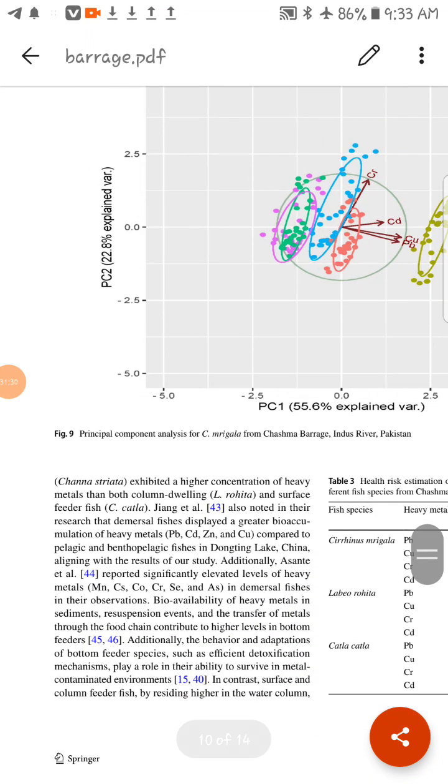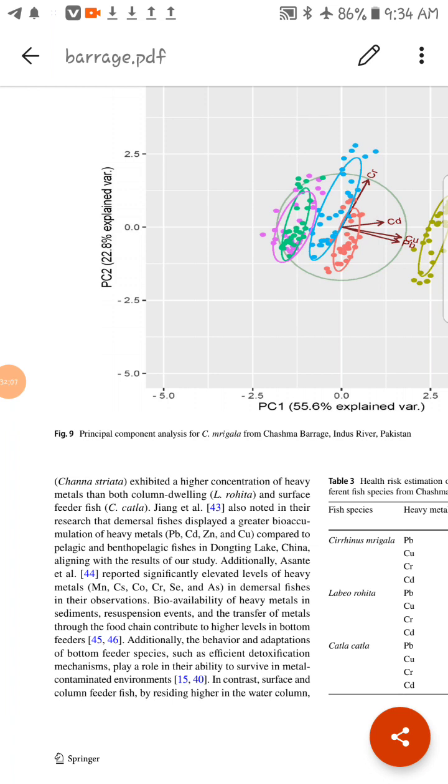It says the bottom feeders exhibit a higher concentration of heavy metals than both column dwellers and surface feeder fish. Also noted in their research, Jinga et al. noted that demersal fishes display a greater bioaccumulation of heavy metals compared to pelagic and benthopelagic fishes in Dongting Lake, China, aligned with the result of our studies.